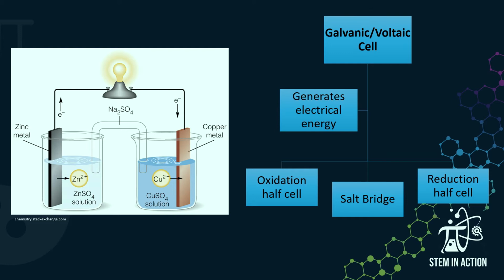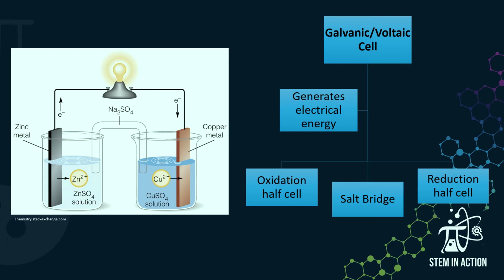If you look at that diagram, nowhere do you see a cell, a battery, or a power source. Why? Because in the cell, you are using a chemical reaction or chemical energy and converting it into electrical energy. What is the evidence of that? We see a light bulb shining. The minute that galvanic cell is in operation, electrons are flowing and we get that light bulb shining as evidence.